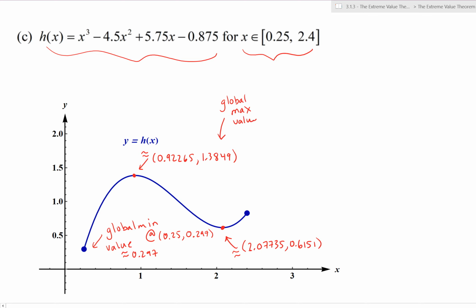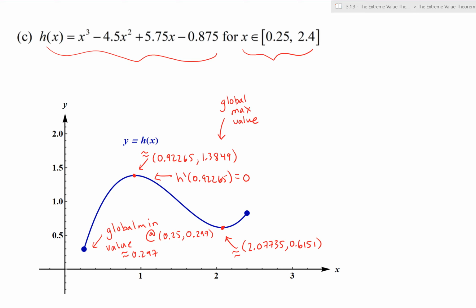And another thing to note: a function which is continuous over a closed interval had one of its global extreme values occur at an endpoint, the global min at the far left, and its global max value occur at a local extreme point. Right at this location, it would follow that h prime of approximately 0.92265 is equal to 0. So we have a critical point there as well.